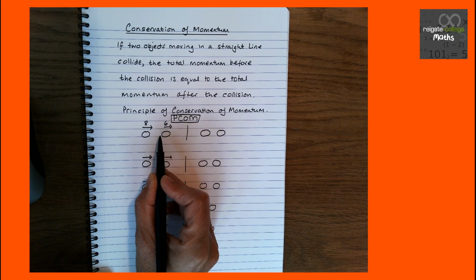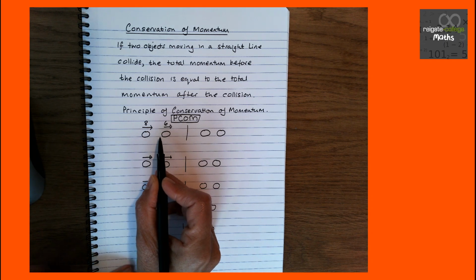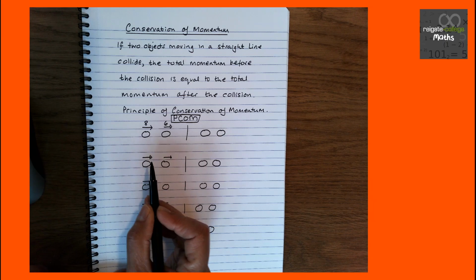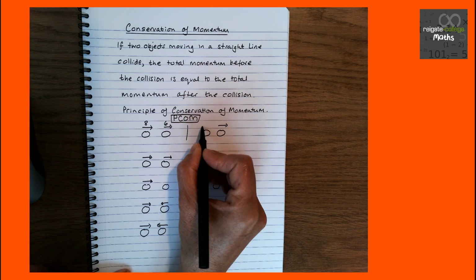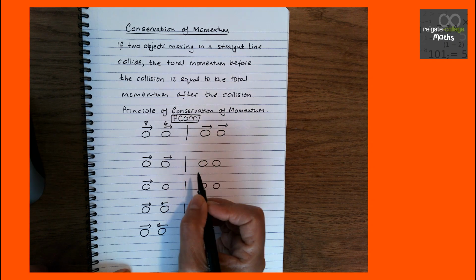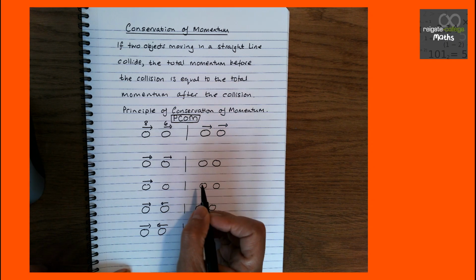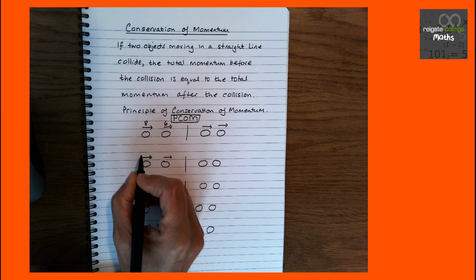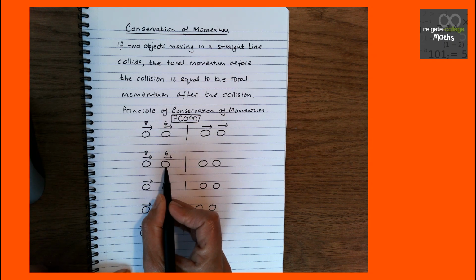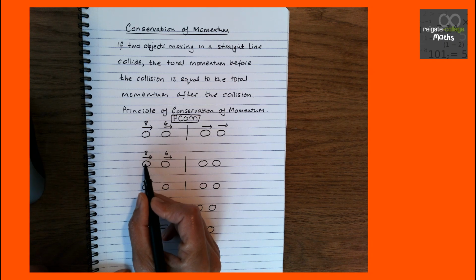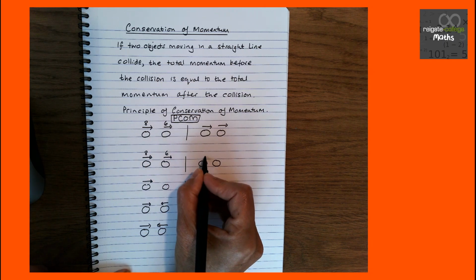Then afterwards there are various different options, things that can happen. First of all, they could both continue moving in that positive direction. However, if this mass here is quite large, that might make this first mass reverse its direction.